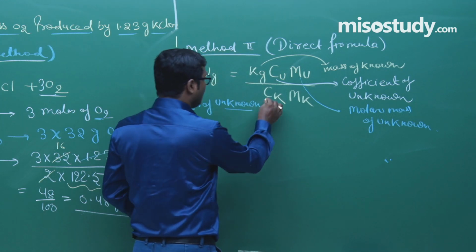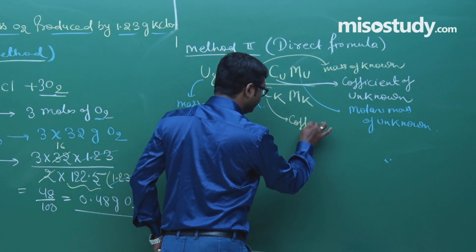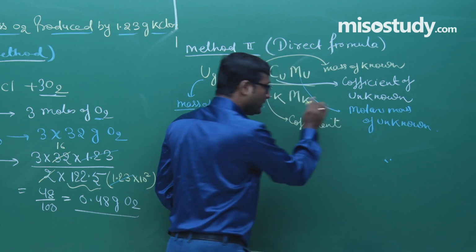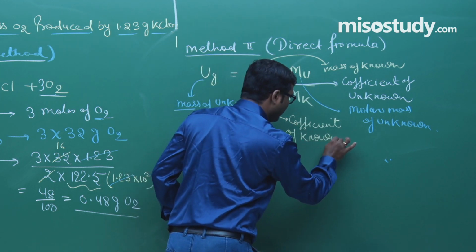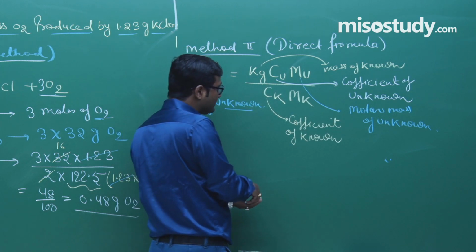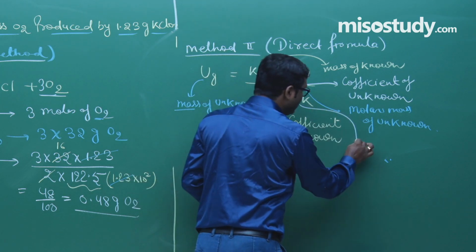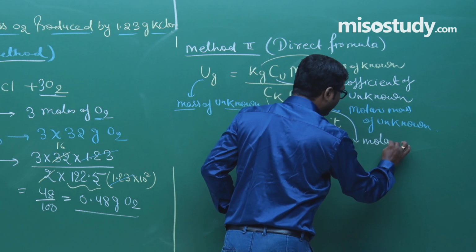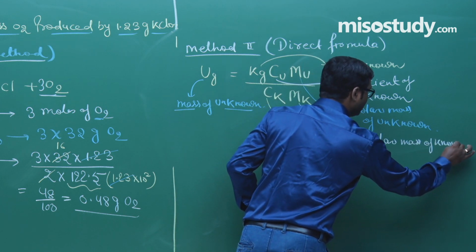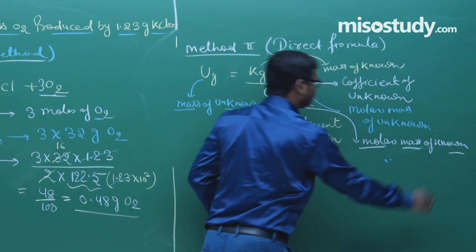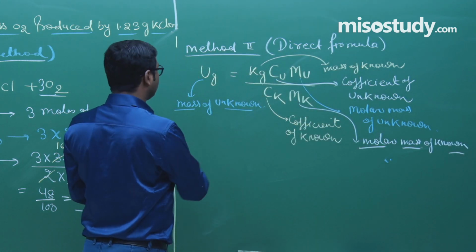And this one is the coefficient of known. Definitely, you are correct. Now, this one is the molecular mass of known. Am I right? Yes, sir. You are absolutely right. Clear? Now put the value.